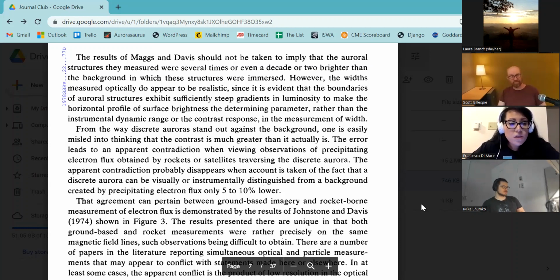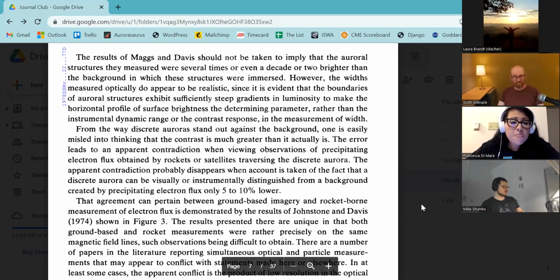However, the widths measured optically do appear to be realistic, since it is evident that the boundaries of auroral structures exhibit sufficiently steep gradient in luminosity to make the horizontal profile of surface brightness the determining parameter, rather than the instrumental dynamic range or the contrast response in the measurement of width.